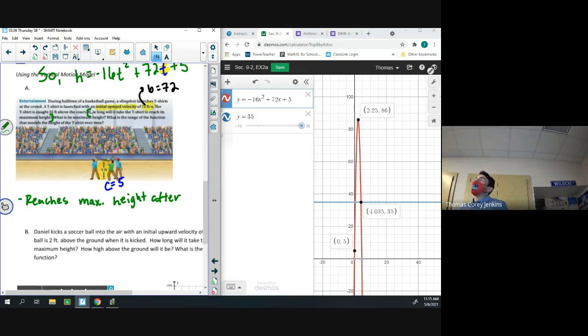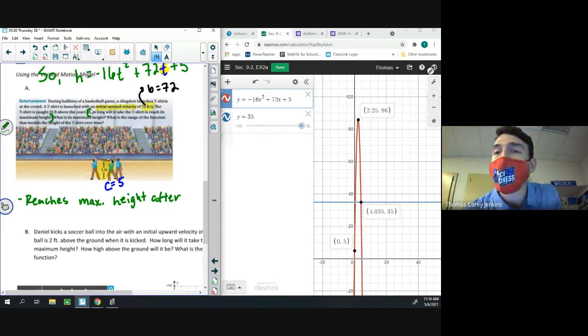Does anybody think they could answer that question? It's in one of the key points on my parabola. Anybody think they could tell how long it takes for the thing to reach its maximum height? Yeah. It is exactly 2.25 seconds. So if you're talking about maximums or minimums, you need to think vertex in your mind, right?